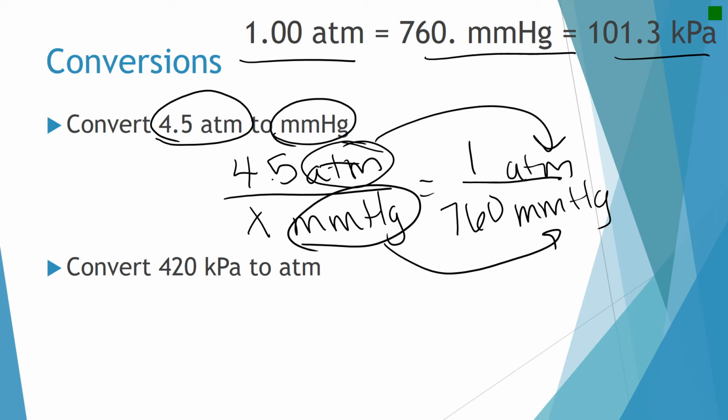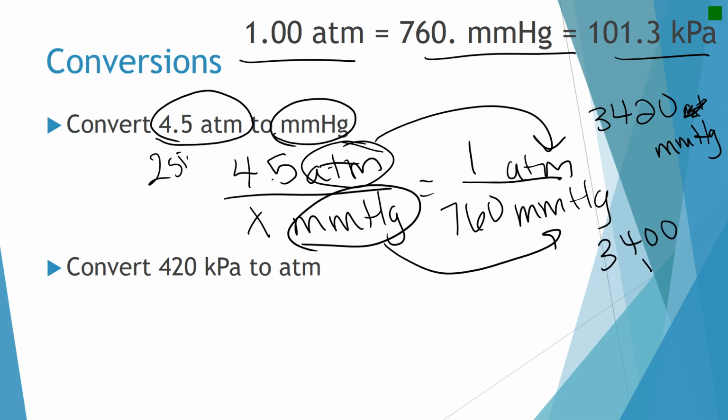Now I just need to cross multiply, and I get 4.5 times 760, and then I'm going to divide by 1, and so I get 3,420 ATMs. I'm sorry, millimeters of mercury. With sig figs, because 4.5 has 2 sig figs, rounding this to 2 sig figs, it'd be 3,400 millimeters of mercury. Okay, so that is using proportions.